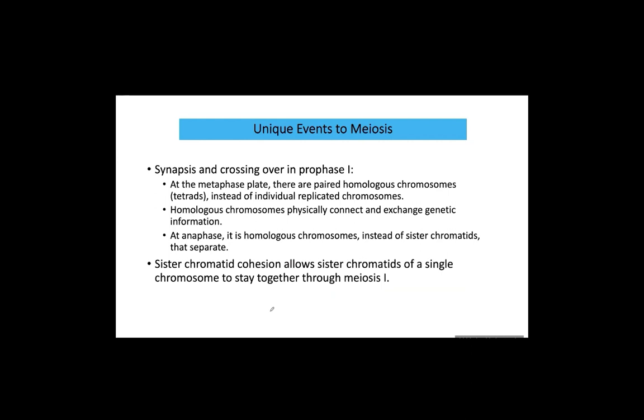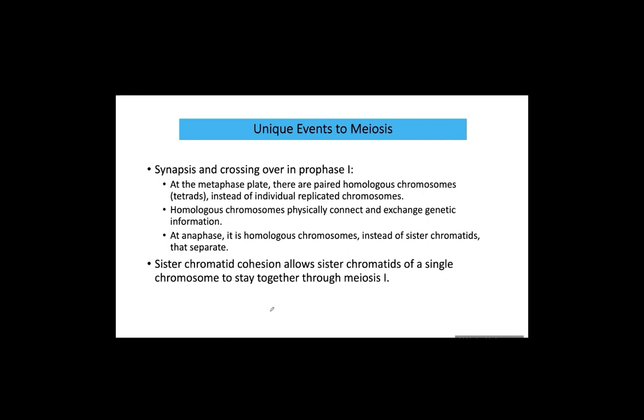So there is some uniqueness to meiosis compared to mitosis. That is synapsis and crossing over in prophase 1. At the metaphase plate, in other words the equatorial plate, there are paired homologous chromosomes instead of individual replicated chromosomes.